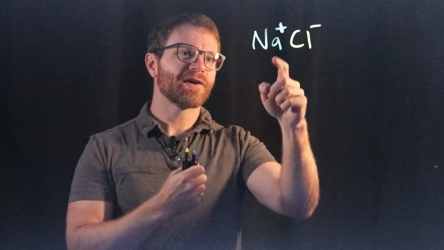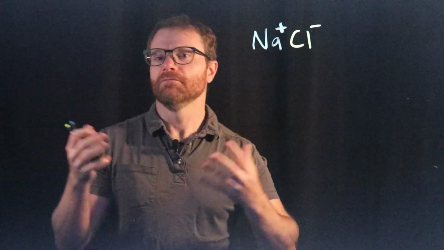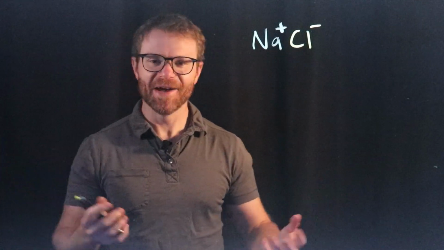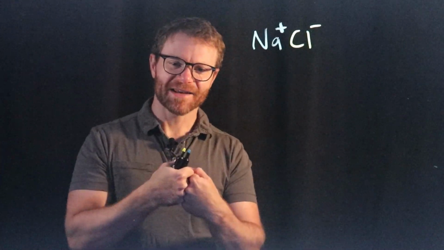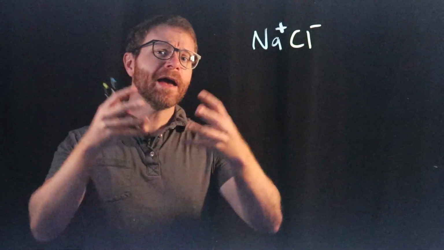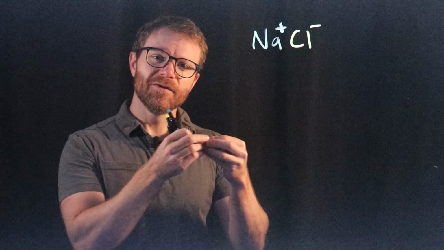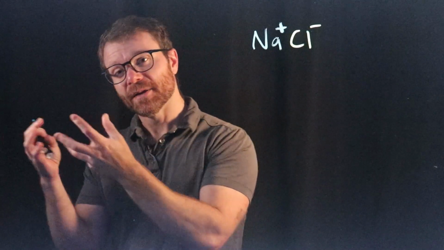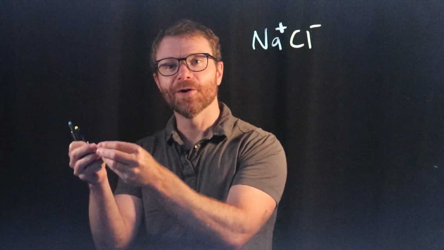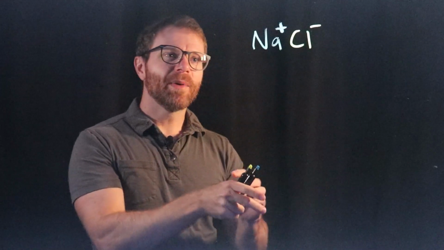What sticks it together are these charges. Positives and negatives attract, because as you know from childhood magnetism, opposite charges attract and like charges repel. Okay, so if I had a bunch of salt, it wouldn't actually look like a bunch of individual NaCl's. Like if I had a bunch of water, it would look like a bunch of O's with H's stuck on it. But with my ionic compounds, it's different.